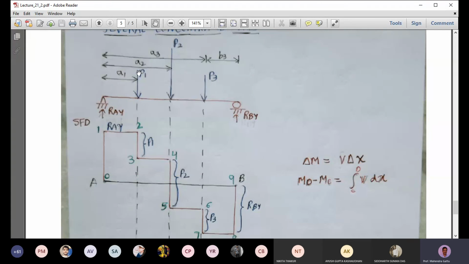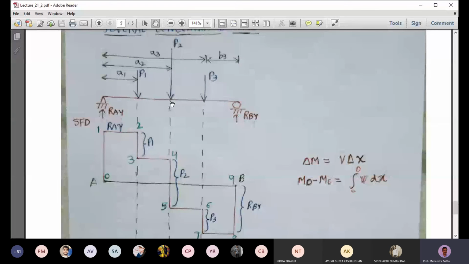And here there is a concentrated load of P1 acting in the downward direction. So we'll move by an amount of P1 in the downward direction, and we'll reach point 3. From point 3, as you move to the right, there is no distributed load here, so the slope is 0. That means it will be a horizontal line. So from 3 to 4 we'll move horizontally.